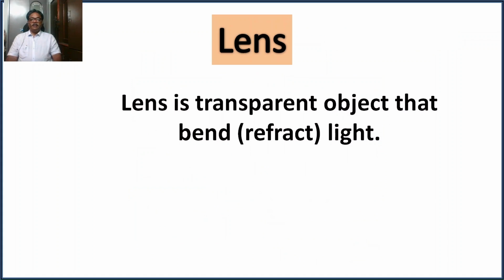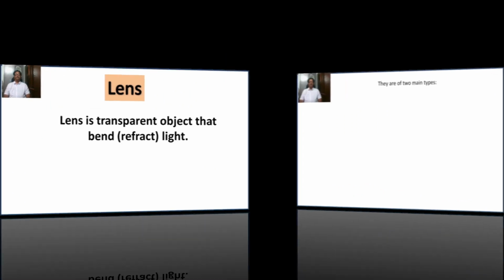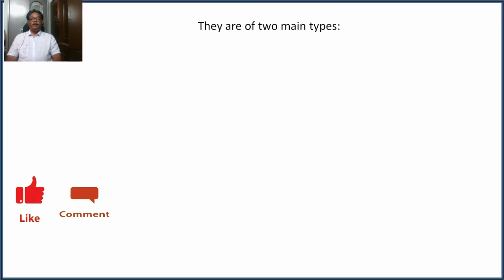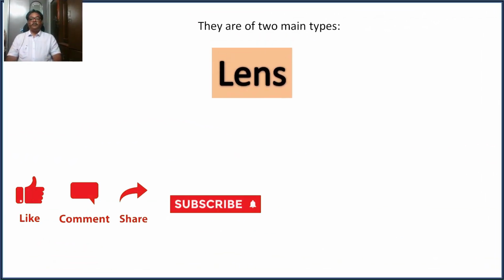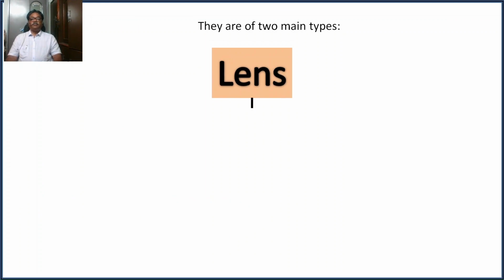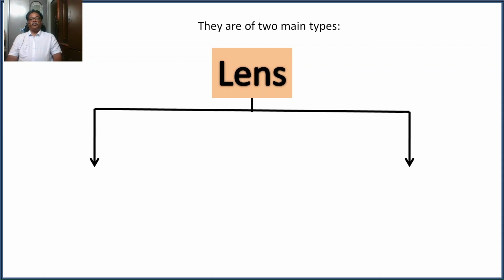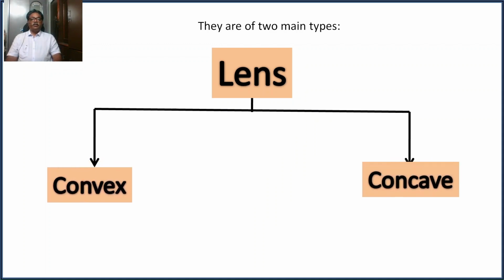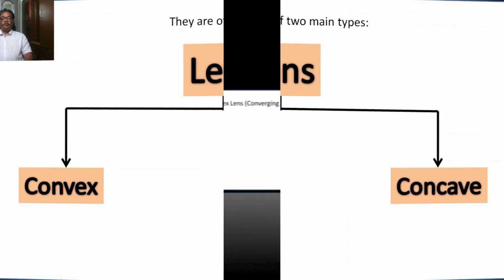A lens is a transparent object that bends, that means refracts, light. There are two main types of lenses. One is convex lens and another is concave lens.